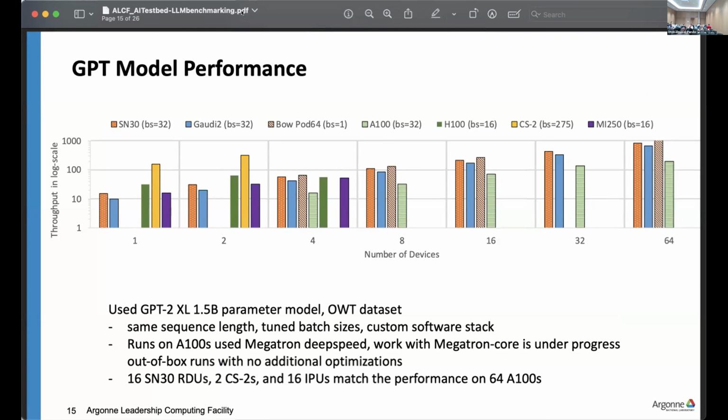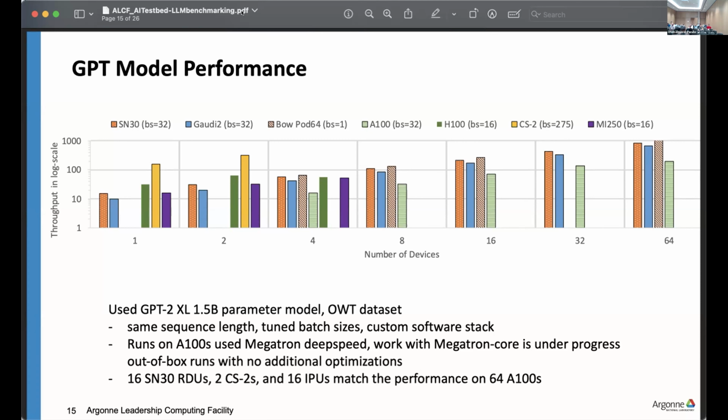On the A100, we use Megatron DeepSpeed, and Megatron core, which is another main focus area from the NVIDIA library. This work is still in progress, and even the NVIDIA-based runs are out-of-the-box runs that need more optimization. That's currently ongoing work.